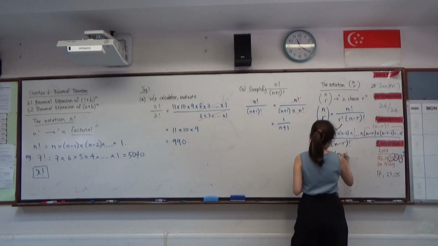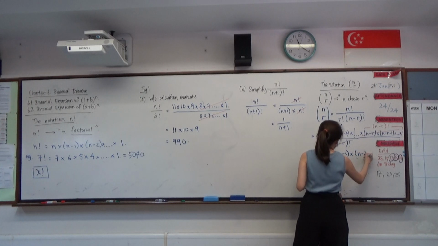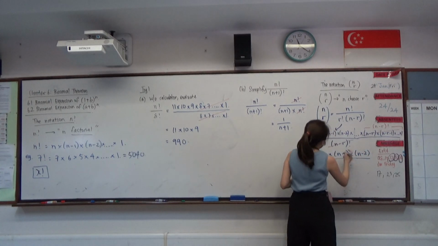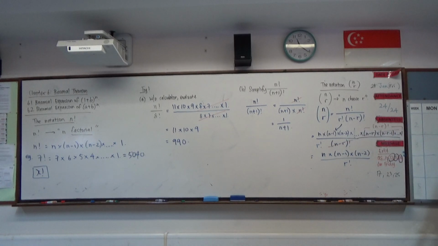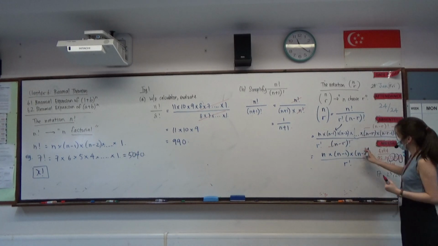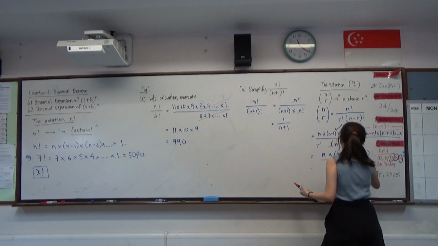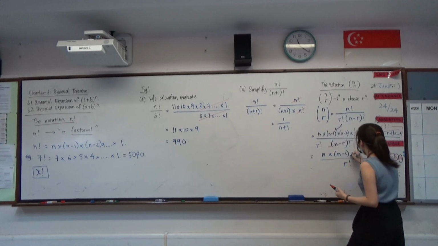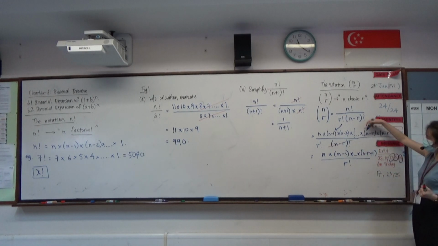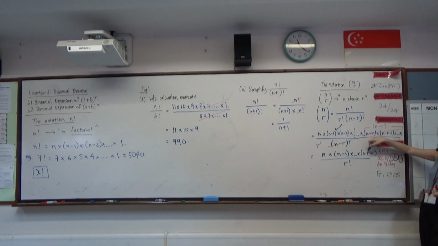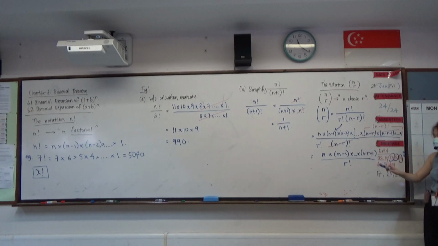Therefore it simplifies to times n minus r plus 1, because right before n minus r will be n minus r plus 1.